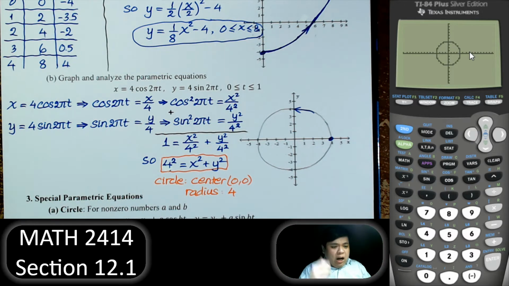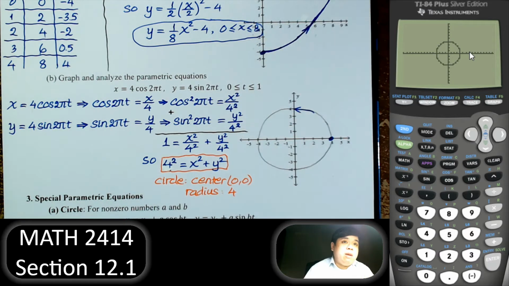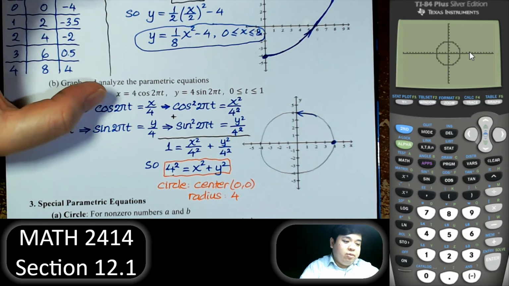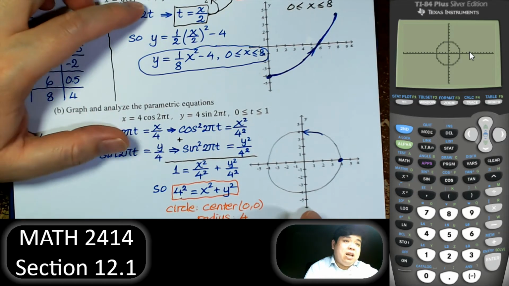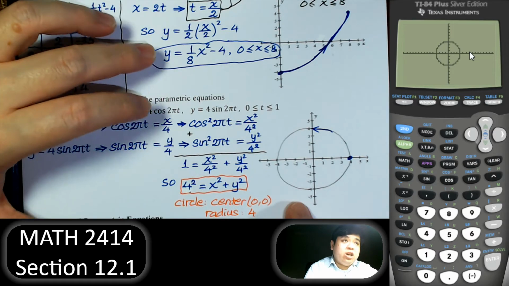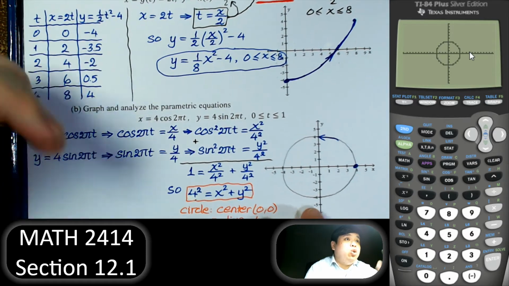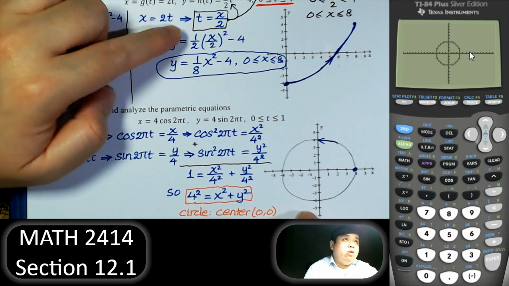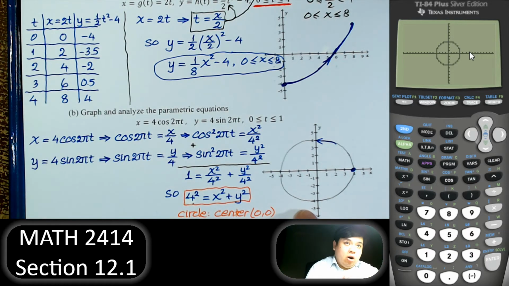So, before we go to the circle, let's just look at this example. What can we do? When we have the parametric equation, we can eliminate the parameter, eliminate t, and end up with the equation of x and y. There are two ways to do that. One is we solve for t directly, and then substitute into the other equation.